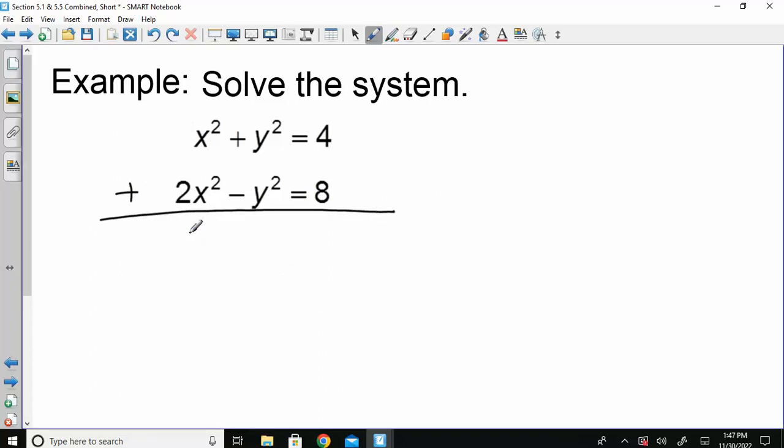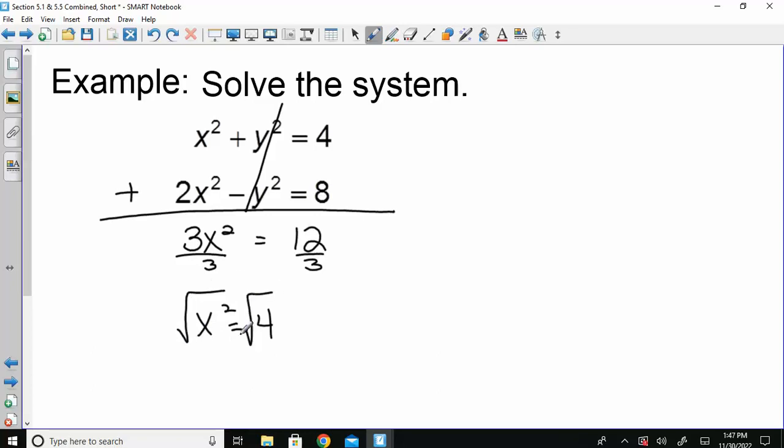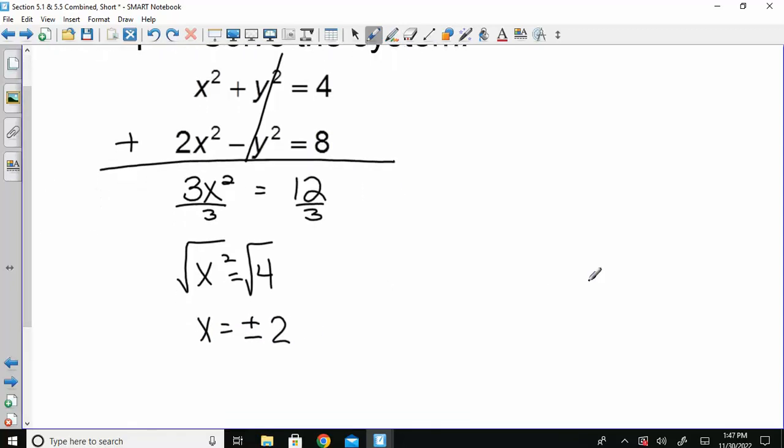Yeah, you just add these. 1x squared plus 2x squared is 3x squared. Positive y squared and negative y squared cancel. 4 plus 8 is 12. Divide by 3, so x squared equals 4. To get rid of a square, we square root, and when you do square root, you have to do plus and minus, so x could be positive or negative 2.